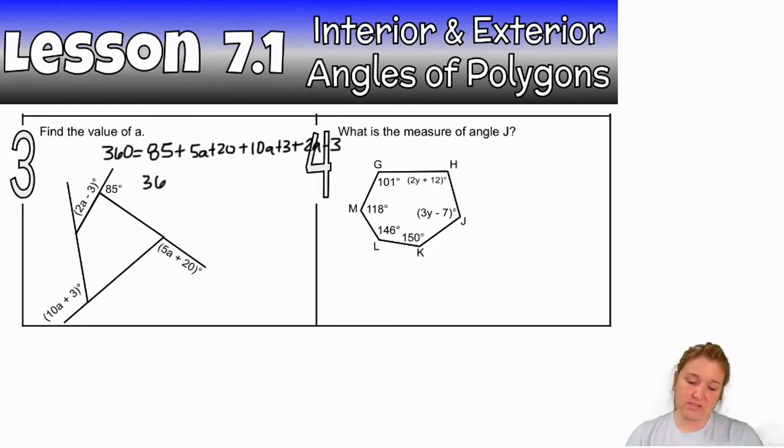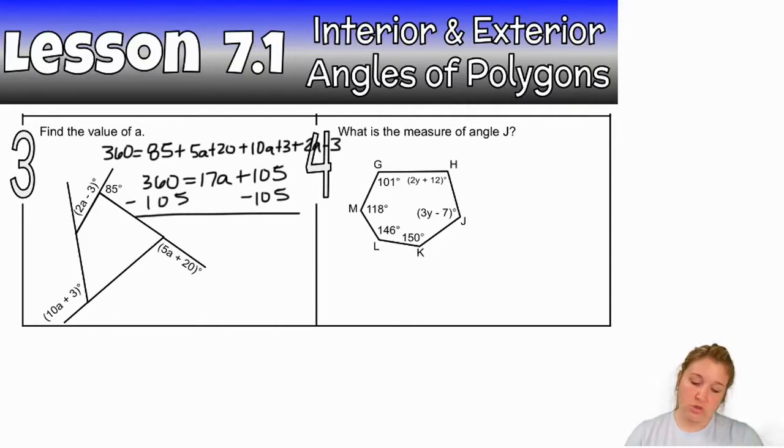So I have 360 is going to be equal to 17a plus 105. Then I'm going to subtract 105 from each side. 255 is equal to 17a.